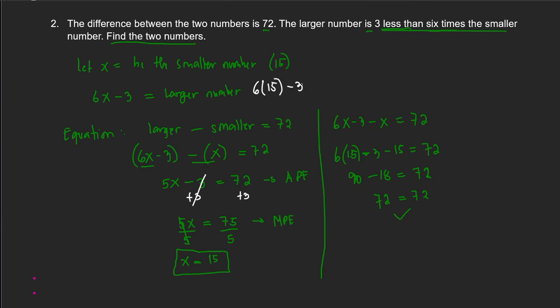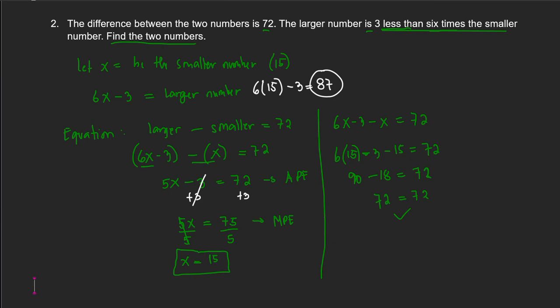So we have already 90 kasi 6 times 15, that is 90. Then 90 minus 3. So the answer will be 87. Okay. All right. So I hope that you still follow or naka-follow pa din sa process.